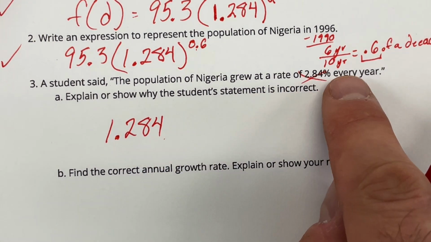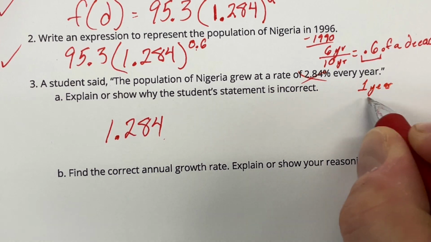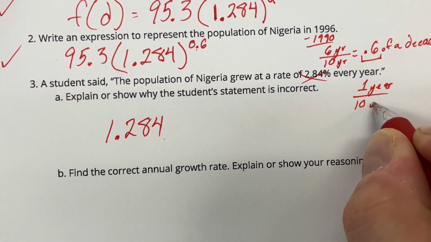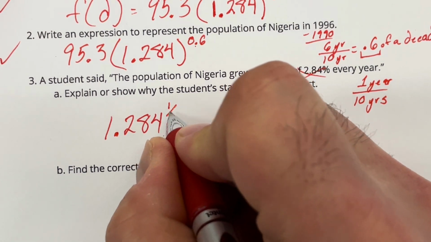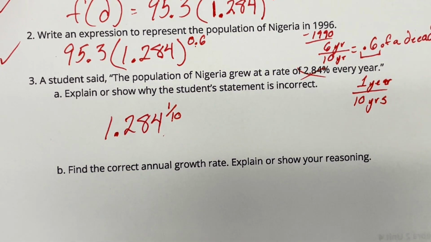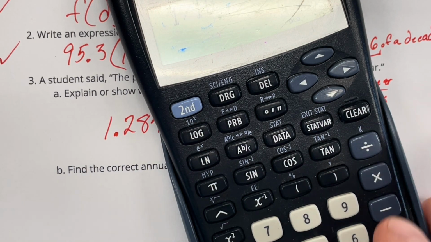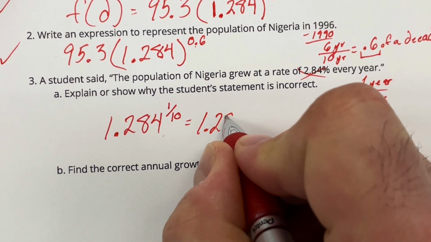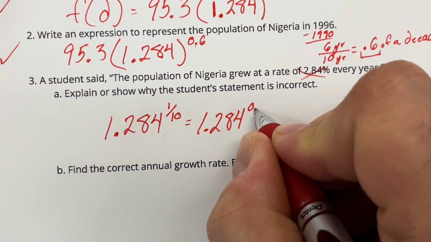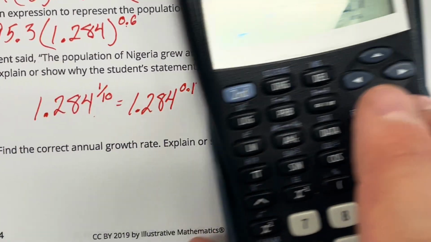If we want to find out every 1 year out of every 10 years in a decade, we want to use the power of 1/10. We can use it like that, but 1/10 is also 0.1, so this is the same as 1.284 to the 0.1 power, and let's take it.